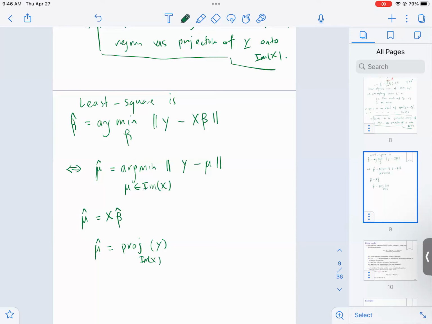Okay, so if you project y onto the image of x, the geometric picture is that the image of x is some subspace, y is here, and I want to find the closest vector here. So among all the potential mu's, I'm going to find one, which is going to be mu hat, that's closest. And this has some interesting property.